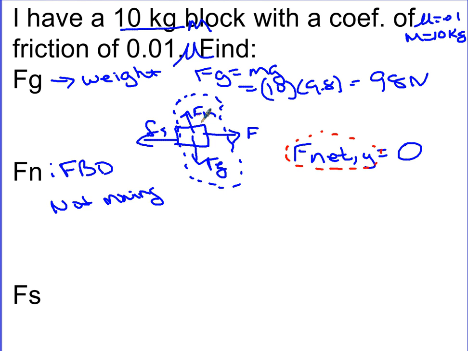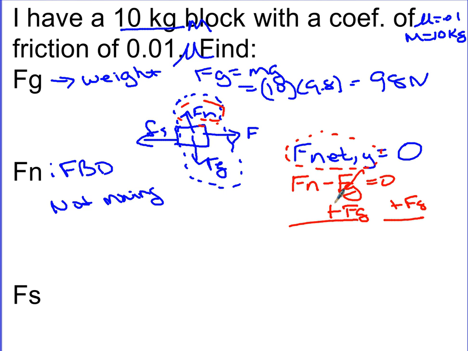So what arrows are we going to put in? Fn points up, Fg points down, and this is equal to 0. To solve for the normal force, we add Fg to both sides, and we add it because when we cover up Fn, we see that we're subtracting Fg. Fg goes away. So Fn is equal to Fg, which is 98 newtons.